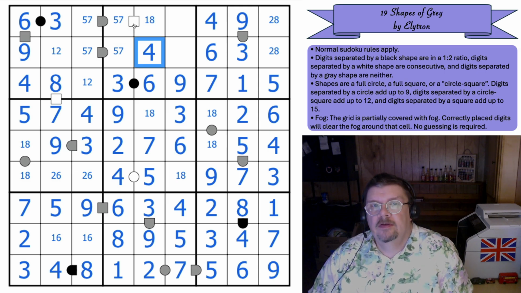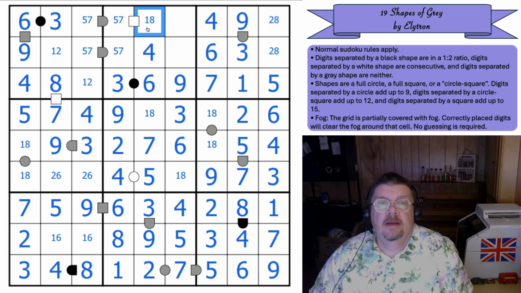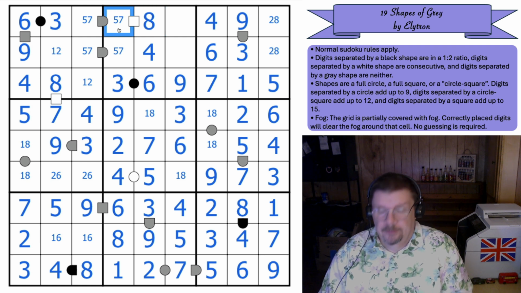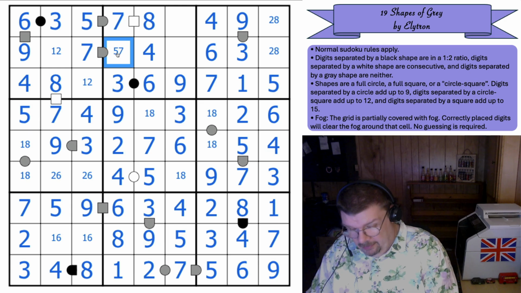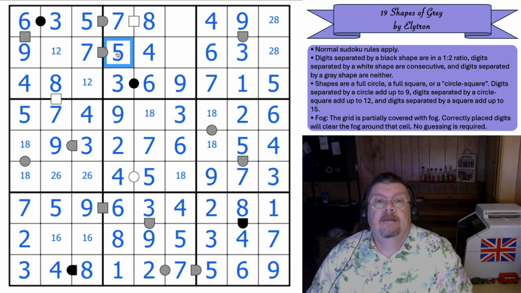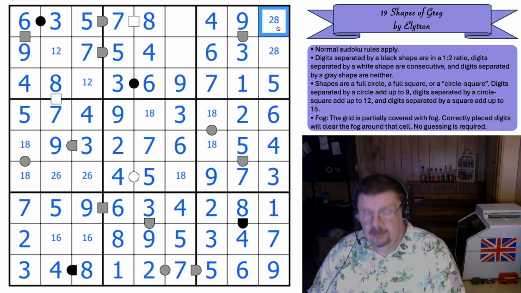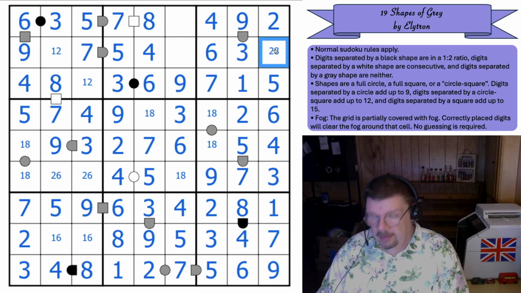All right, we have a white dot. These have to be consecutive, and they sum to 15 being a square. So that's 8. That's 7, which resolves finally this otherwise deadly pattern. This 8 makes that 2, and that 8.